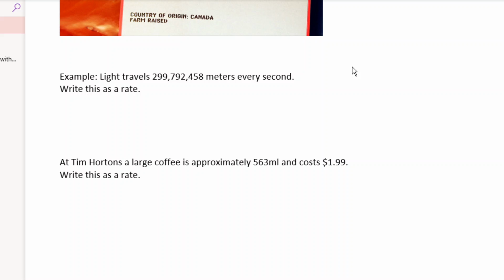And so we're going to do some examples of just writing a rate down. So here's one. We're talking about light in science class right now, so this is pretty topical. Light travels 792,458 meters every second. Write this as a rate. And so we are just going to copy that number down.